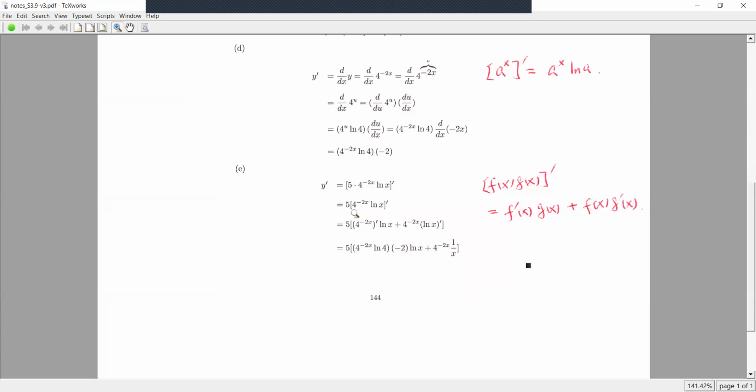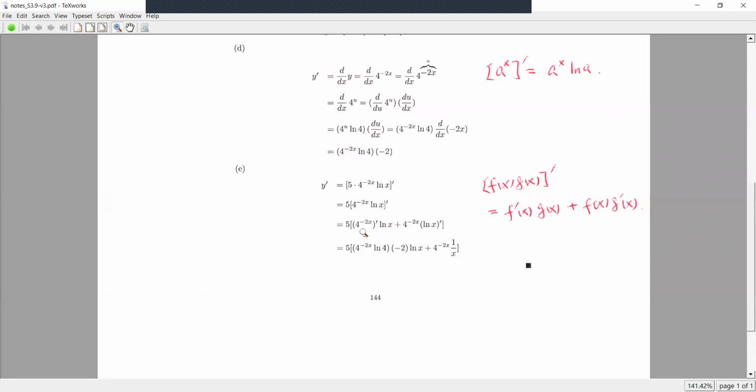Now, the function under this derivative is a product. By the product formula, this derivative is the derivative of the first function times the second function plus the first function times the derivative of the second function. So I have this equation.